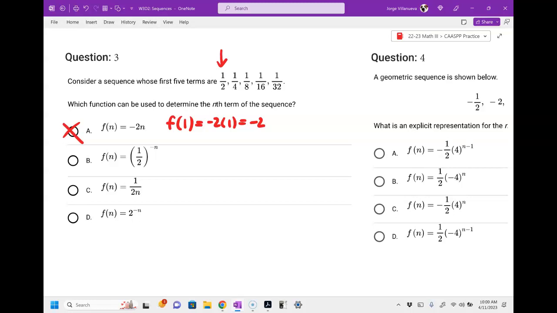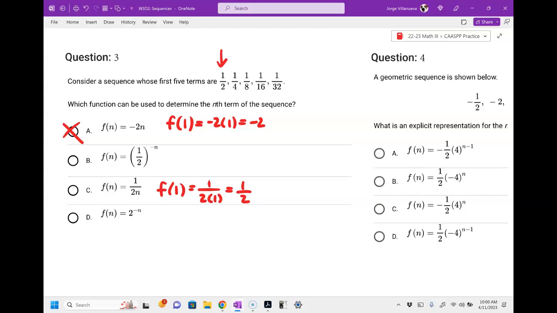Which one else do you want to try? B, C, or D? C? All right, let's try C. Plug in f of 1. That's 1/2 times 1. That's a half. Does that match? Yeah, but can I base my answer based on only one solution? No. So that means I get to plug in my next number, which is going to be 2, right?